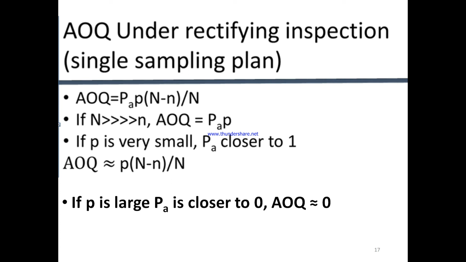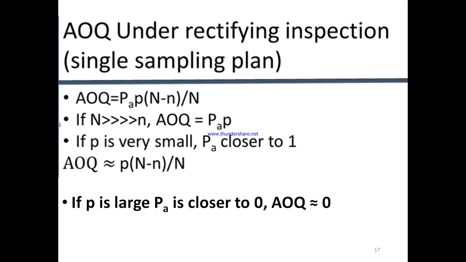So when it comes to the single sampling plans, this average outgoing quality is something very, very important. Average outgoing quality means on average it measures the outgoing quality of your given lot. Right?